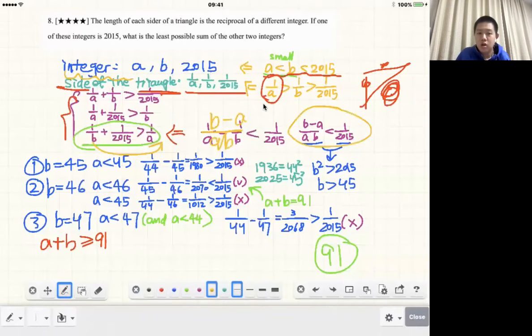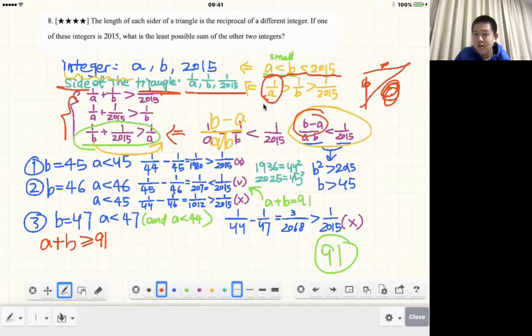Since b is greater than a and they are all integers, b minus a is at least 1.